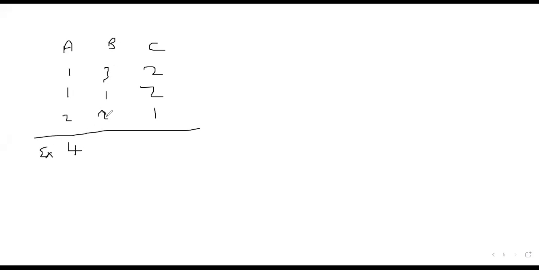This is 2. Then the total up here, we're going to get 6. Total up here, we're going to get 5. The sum total here will be 15. Then we go to the end. How many are there in here? 3. How many are here? 3. How many are here? 3. And the capital N here is 9.